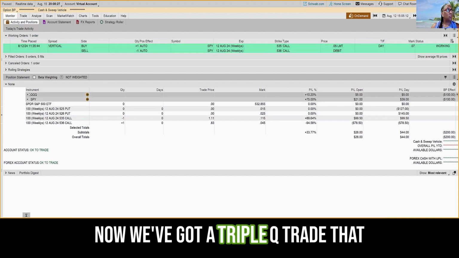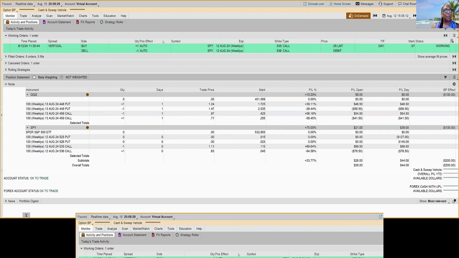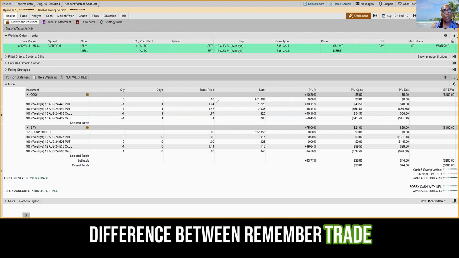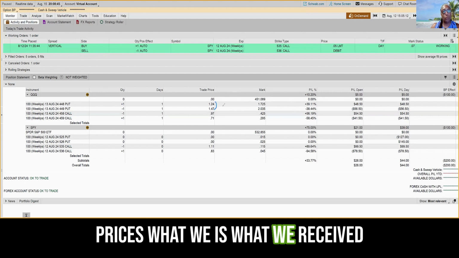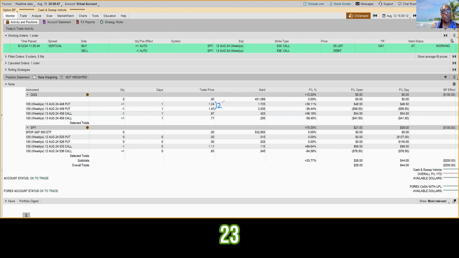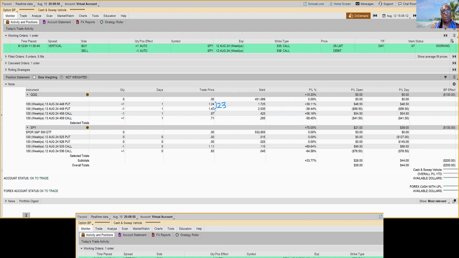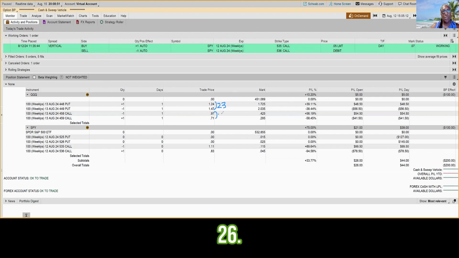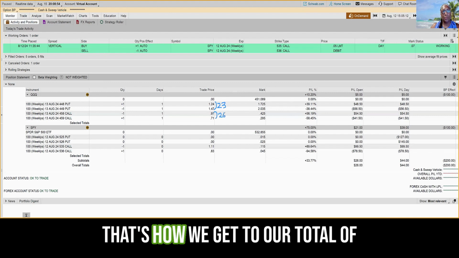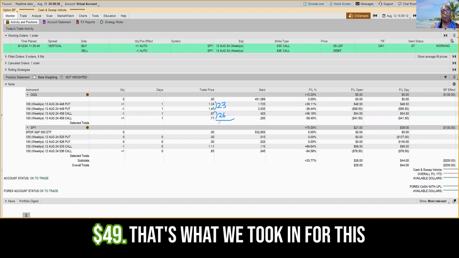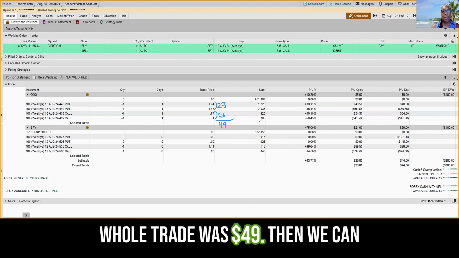Now we've got a triple Q trade. Remember, trade price is what we received, 23, 26. That's how we get to our total of $49. That's what we took in for this whole trade.